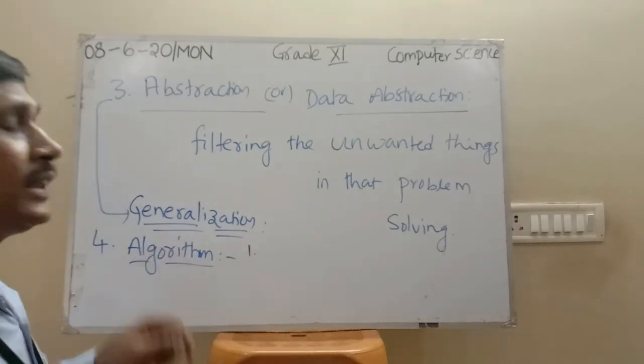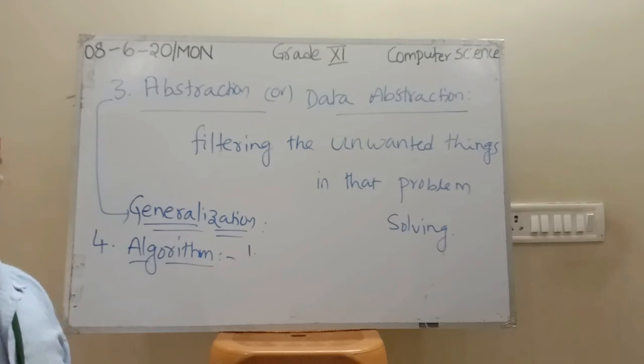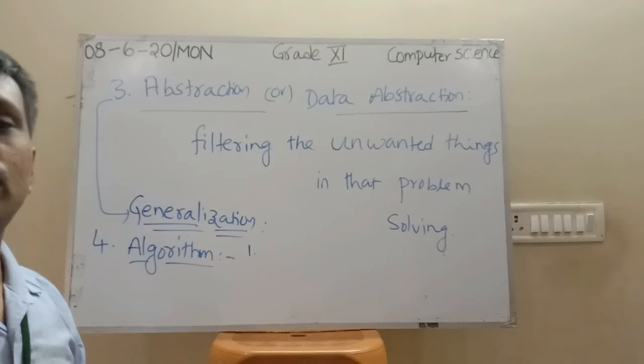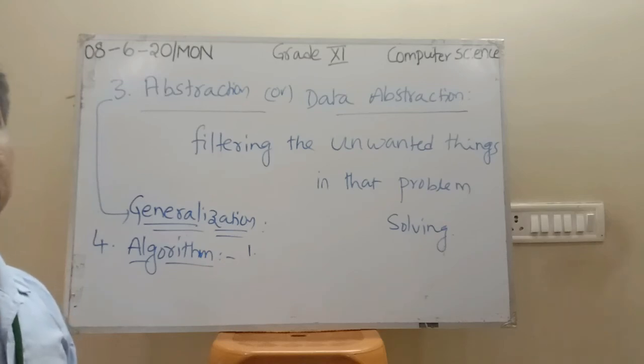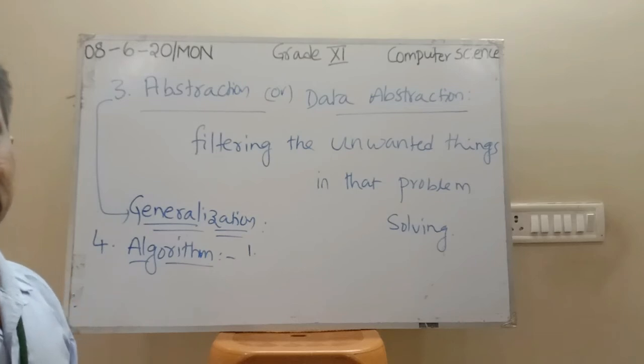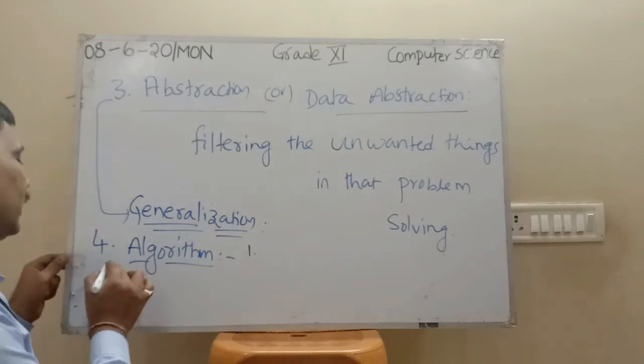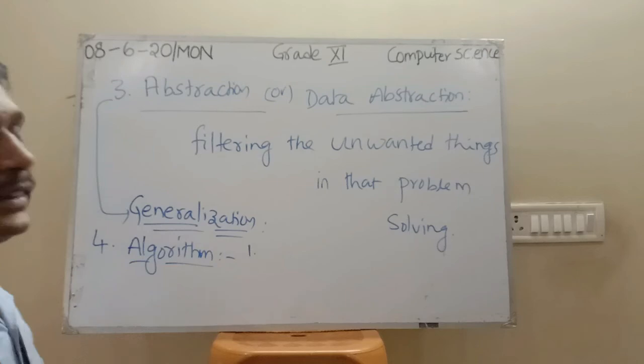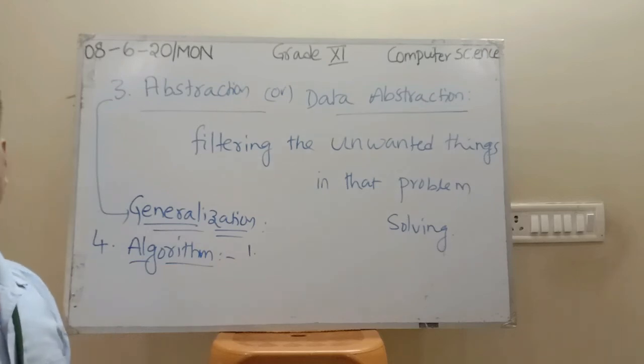That is what we call an algorithm. We already defined the algorithm in the previous class. An algorithm is a sequence of steps to solve a particular problem in any programming language. It is a general concept, not particular to any programming language. We write algorithms in a general way, not related to any language like C, C++, Java.